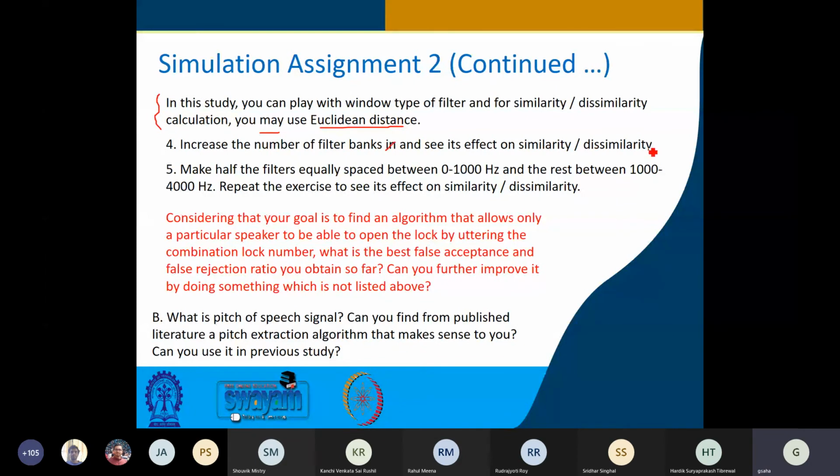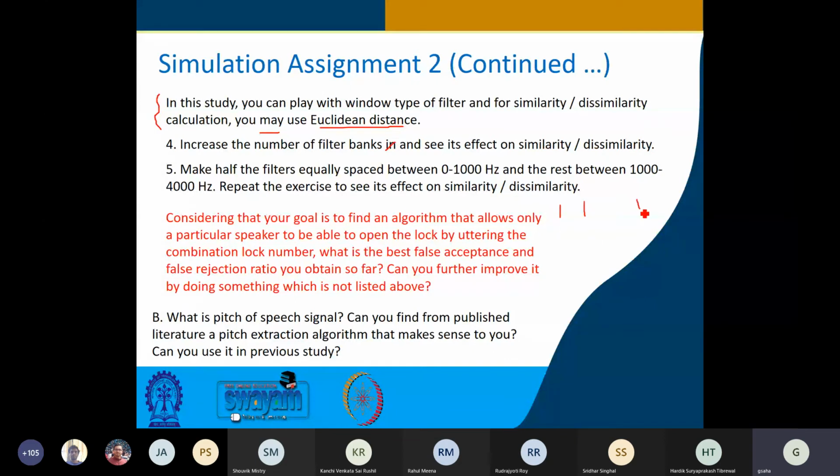So 10 I told. If it is a very coarse kind of thing, then you can go to more, finer spacings. Then make half the filters equally spaced between 0 to 1000 and the rest between 1000 to 4000 also.